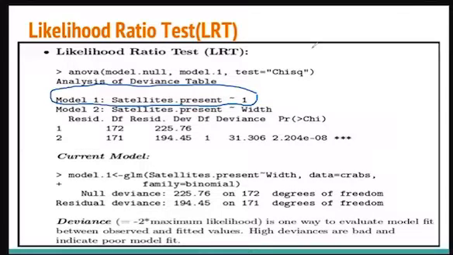Now, when you take a look at the second model, it is saying that the satellite presence depends on the weight. The weight here is an explanatory variable. If you take a look at these two models, you are comparing a simpler model with a more complicated model. The simpler model is a logistic regression model without any explanatory variable, which I'm going to call an intercept model.